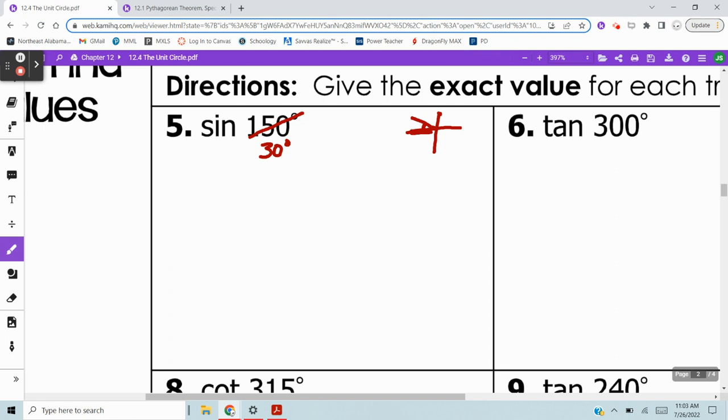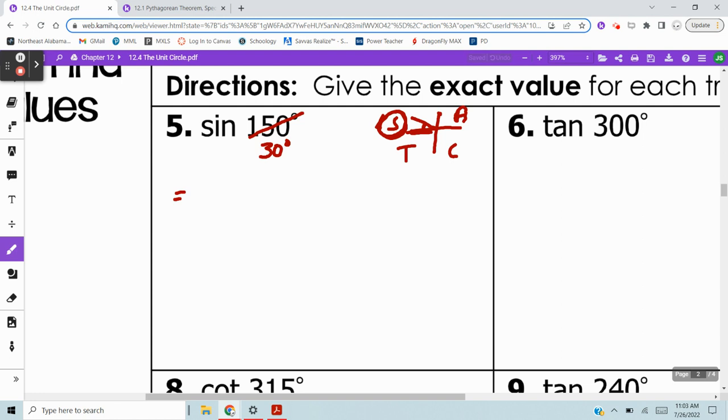Now, before I did that, I like to do it in a different order than what they do. Let's determine whether our answer here is going to be positive or negative. The way we're going to do that is all students take calculus. And since we are in the second quadrant, notice it's S. That tells us that sine is positive there.